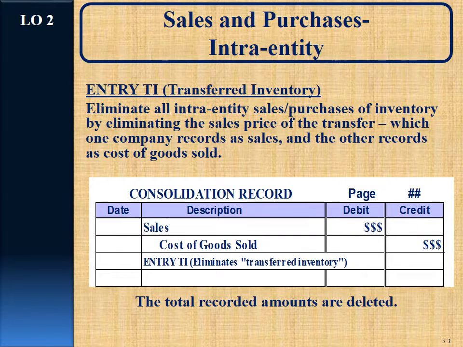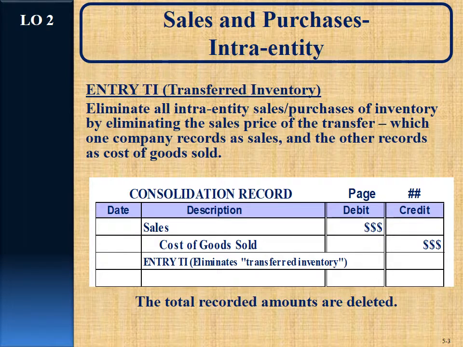So to the parent who sold the $80,000, that's a sale. Eliminate that. It's not a true sale. And then eliminate from the purchases account the purchase of the inventory. It's as if the parent never sold the inventory to the subsidiary. Okay?